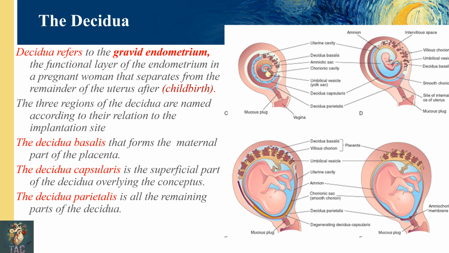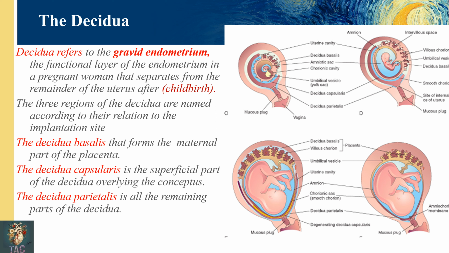On the other aspect, on the embryonic pole, is the decidua capsularis, which is the superficial part of the decidua covering the conceptus, and on the outer aspect of the uterine cavity you can see the decidua parietalis.